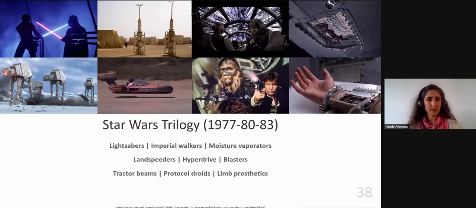Another one is from the Star Wars trilogy. They have limb prosthetics or moisture apparatus. So these things already exist, and that's why I try to tell students they can think out of the box. They don't have to think about the products that already exist around them, but they can introduce something we call science fiction, so that we can create this smart product, this smart environment.